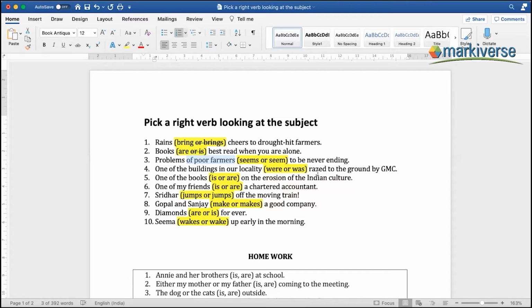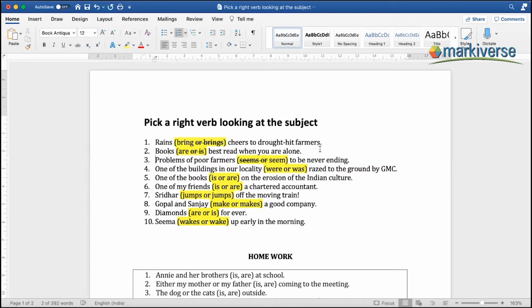So we are going one level deep. If there is no problems here, then poor farmers would have become the subject. But here we are talking about the problems of poor farmers. So your subject is problems. It is a plural subject. You should match with the plural verb, which is seem. So I'm going to strike off seems here.